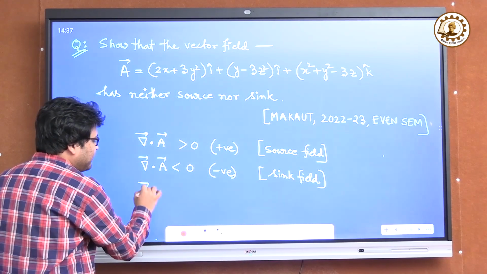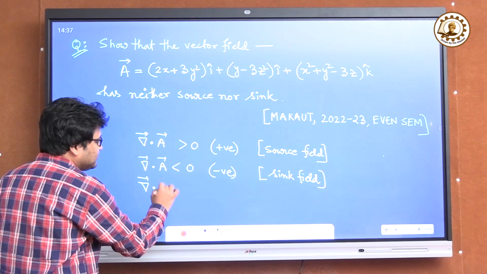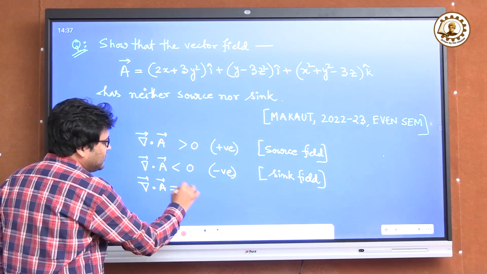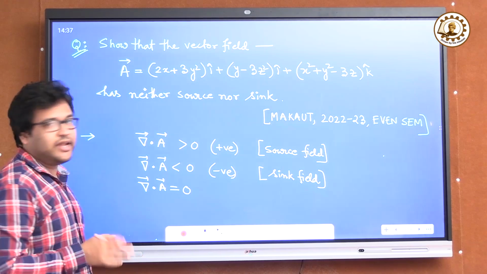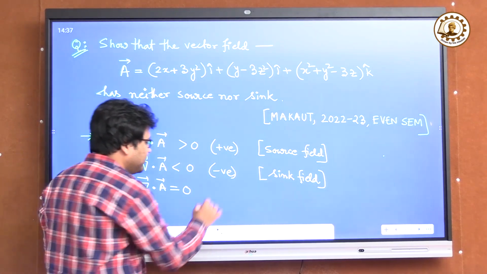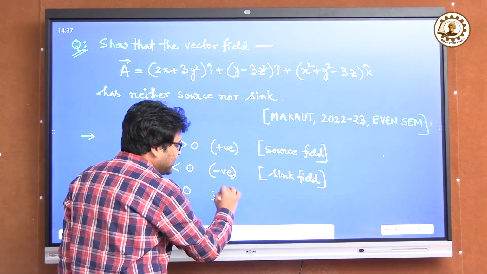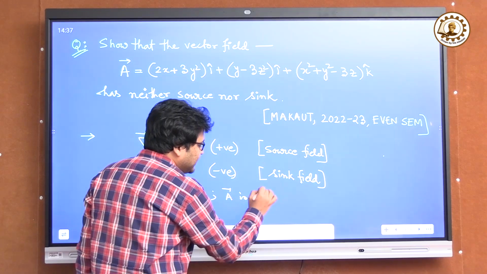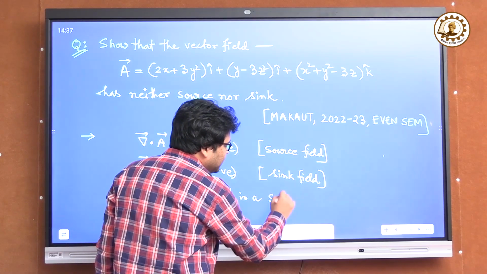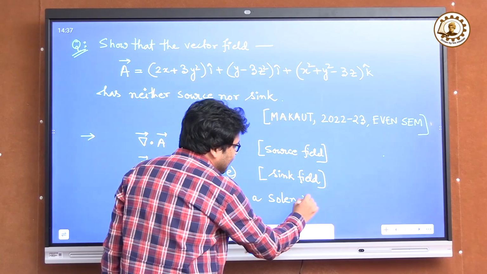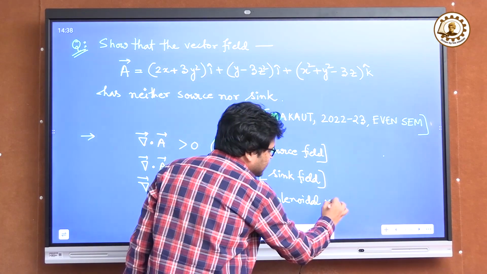And if the divergence of any vector equals 0, that is not positive or negative, it is simply 0, then it represents that A vector is a solenoidal vector field.